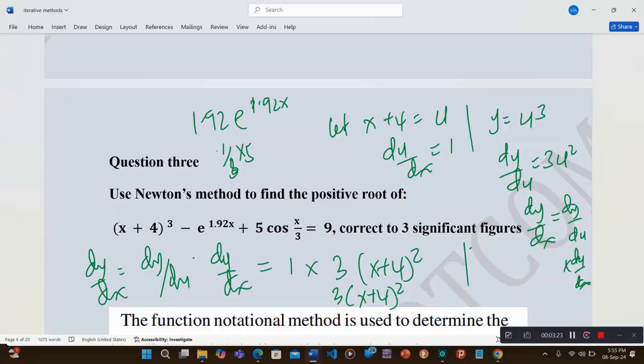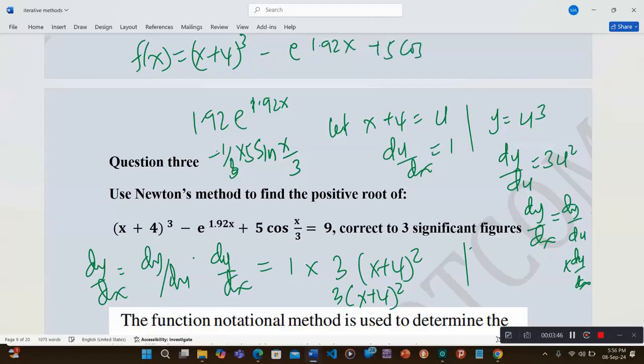Then if I differentiate the cos, I get a negative sign, so negative sin of x over 3. Then remember this will have moved this side so that you have f of x, which is equal to (x plus 4) power 3 minus exponential of 1.92x plus 5 cos of x over 3 minus 9.